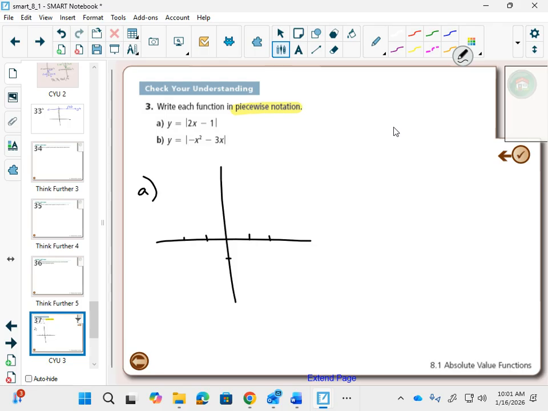It'd have an x-intercept at 1/2, 0, and a y-intercept at minus 1, and I'm just going to draw the inside with a dotted line, has a slope of 2, and then the absolute value part I'm going to graph in green. You see that this part would stay the same from the dotted line, but the other part would get reflected up.